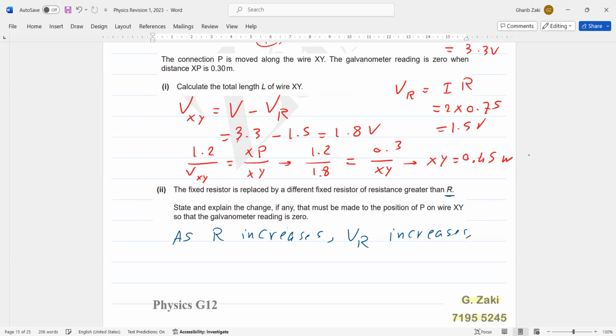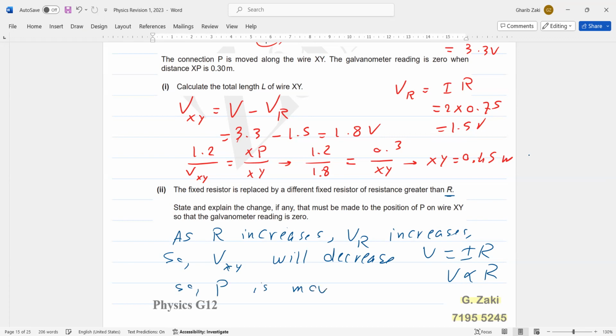Why? Because V equals I times R, and I is constant, so V is directly proportional to R. So V around XY will decrease, so we have to move B toward this Y. Okay, guys?